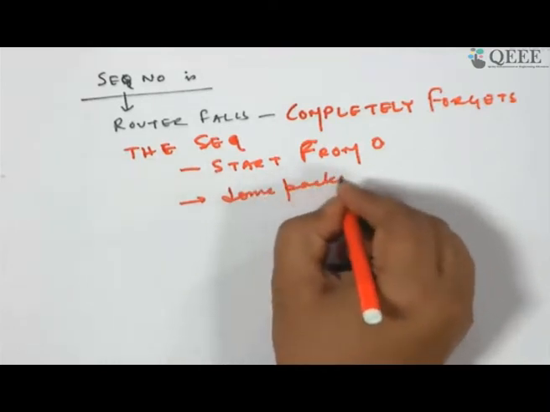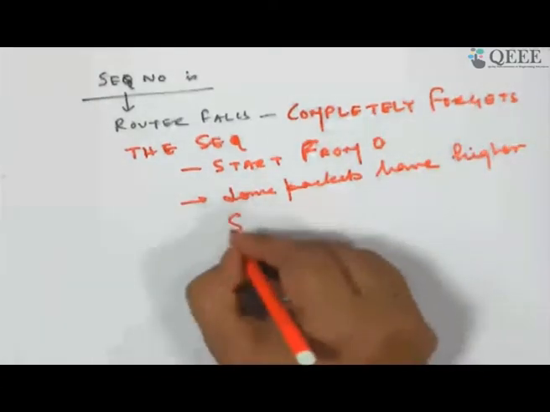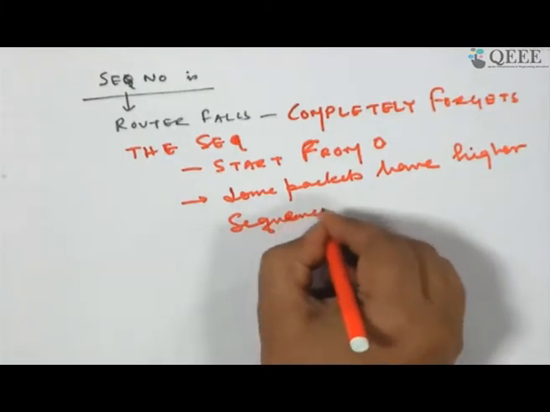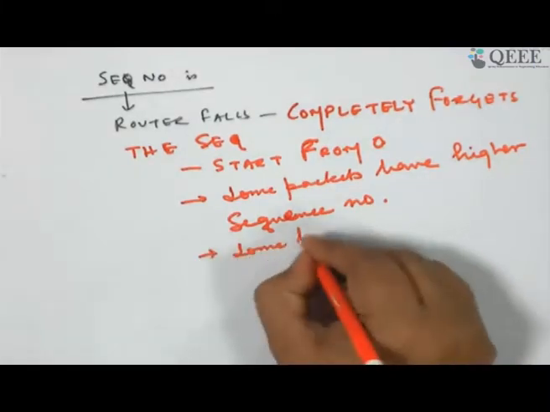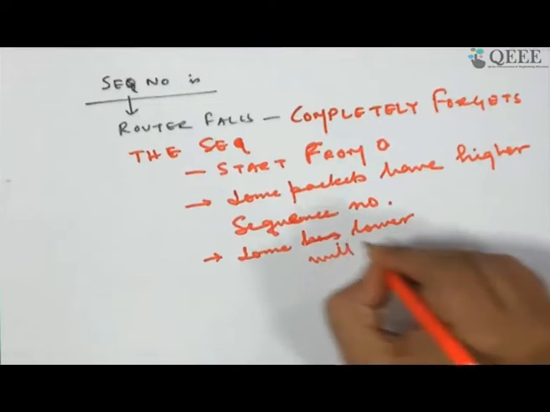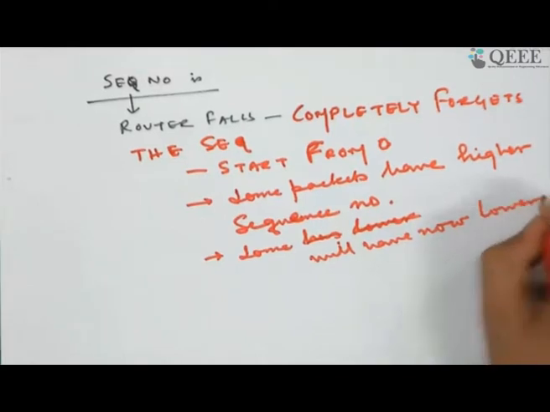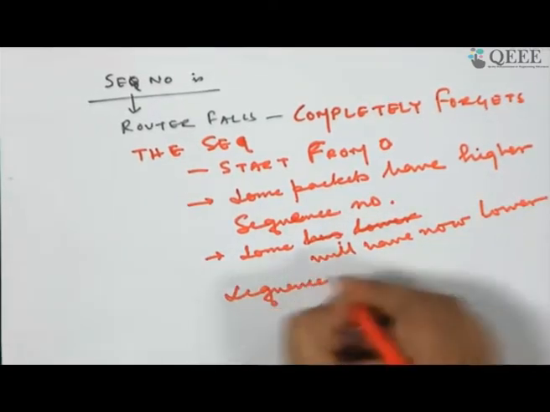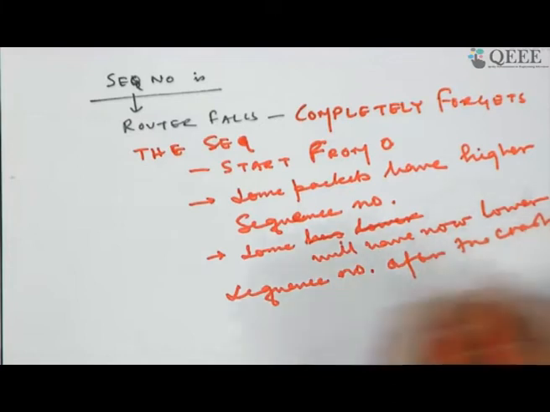So some packets have a higher sequence number and some will now have a lower sequence number after the crash, because the sequence number has started from 0.